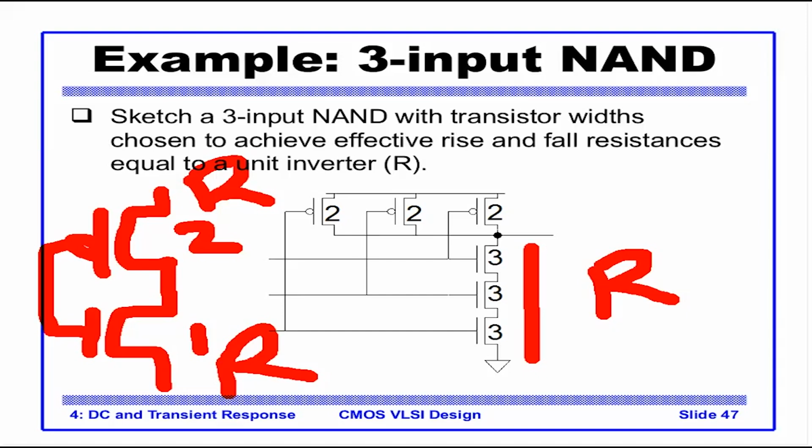What I would request is that you go back and draw a 3-input NOR gate, or any gate, and try to calculate the widths of NMOS and PMOS using the same logic, comparing with a unit inverter. I repeat the process. You go to the pull down, and the total pull down resistance should be R. If it's in series, the resistances add up, and you have to make the NMOS wider to make it R. Then go to the pull up and compare it to the unit inverter pull up.